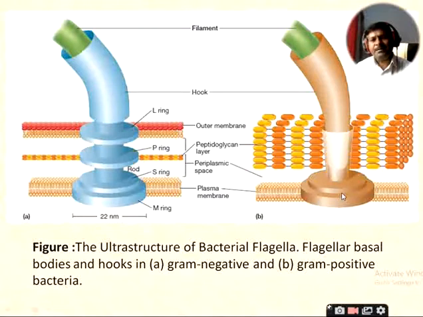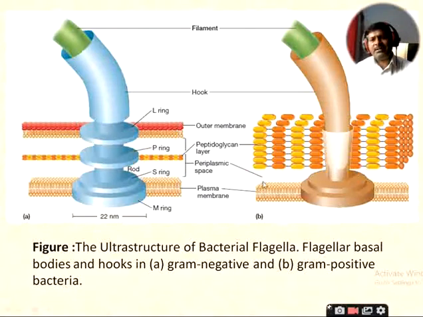In the basal body there are some parts or rings fitted. Figure A, the left side figure, is the gram negative bacterial flagellum, and the right side figure is of gram positive bacteria.